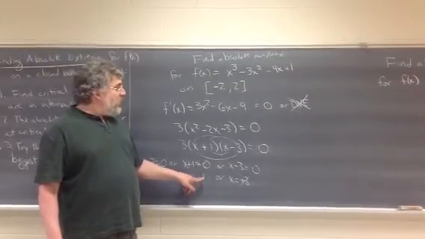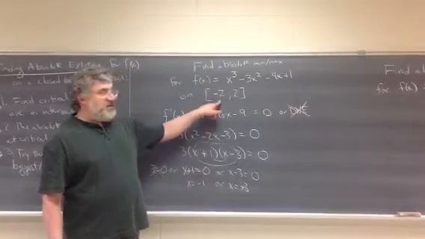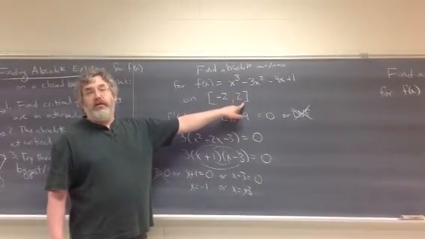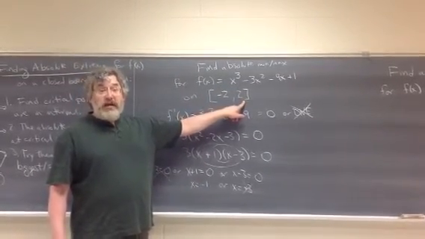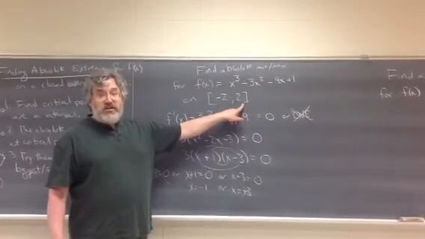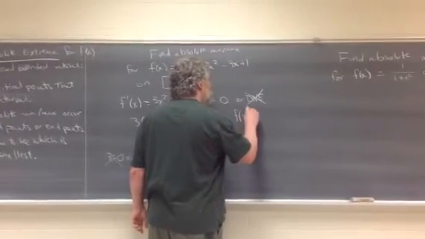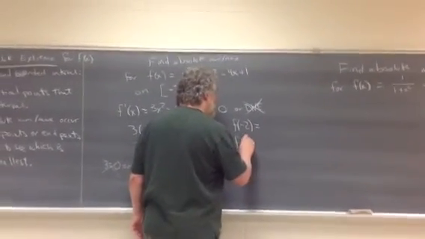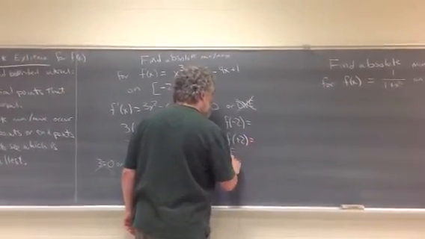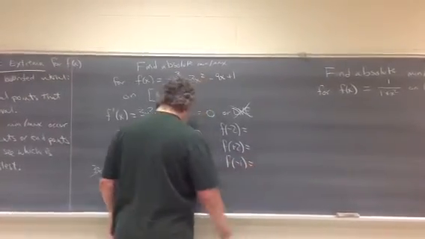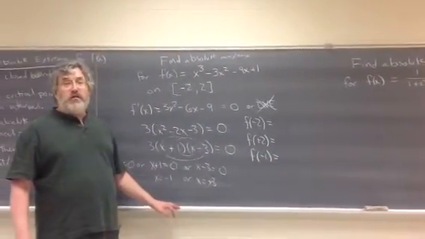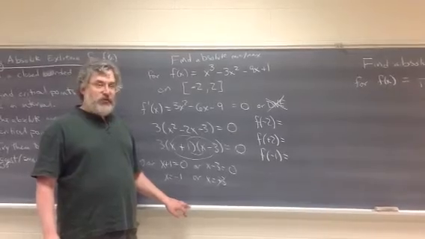So now what do we do? We need to know, is this a max or a min? And the way we tell is by plugging them into our function, just to see which is the max, which is the min. So f of minus 2, f of positive 2, those are the endpoints, f of minus 1. Those are our only choices. One of them is an absolute max, one is an absolute min.